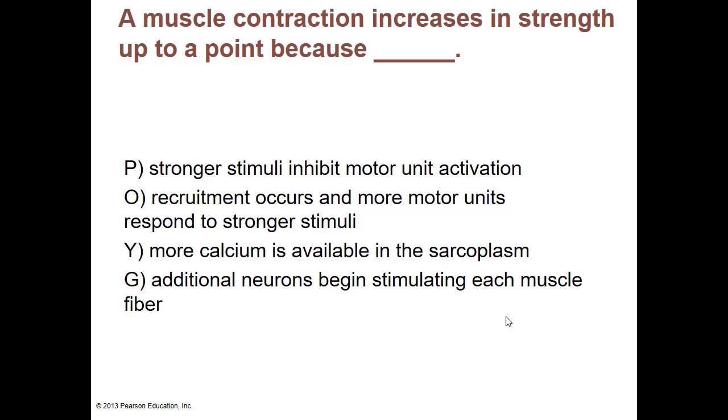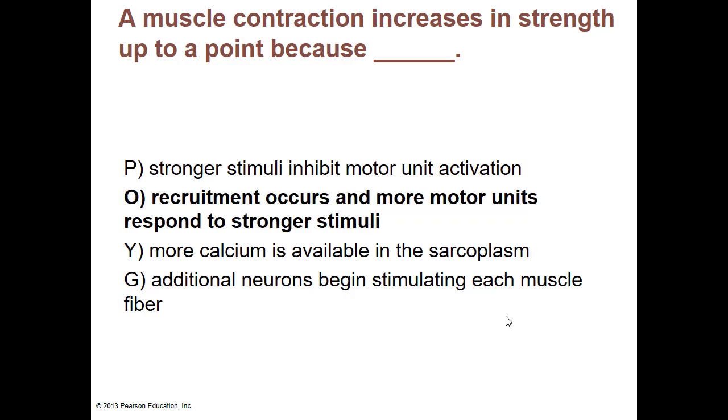Why? Why are they increasing in strength? They increase in strength because they recruit more motor units, which means we're going to control more fibers up to a point. Then you run out of fibers to recruit.